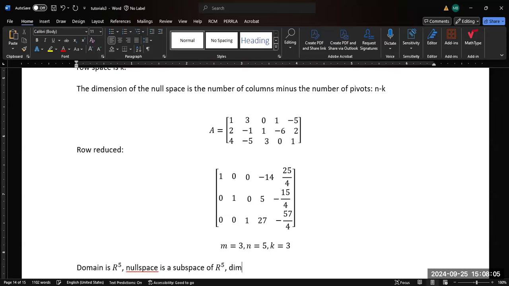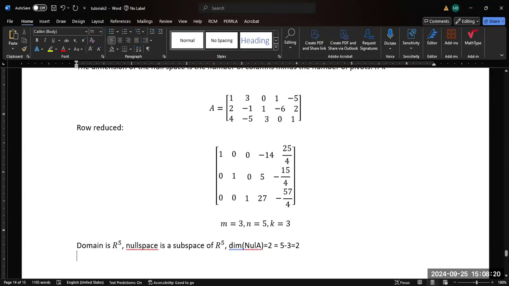The dimension of null A is actually just going to be 2 because there were 5 columns, we have 3 pivots, and therefore there are 2. You can see this from the reduced form of the matrix, there are 2 free variables left, and that's what gets us our basis for our null space. So the domain is R5, the null space is a 2-dimensional subspace of R5.